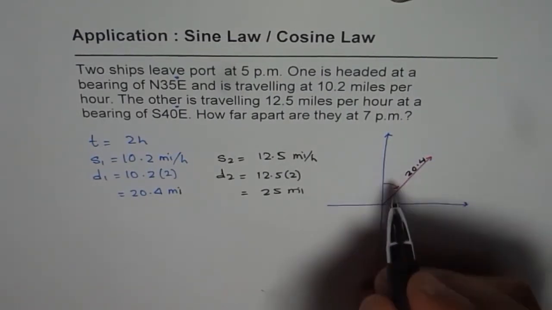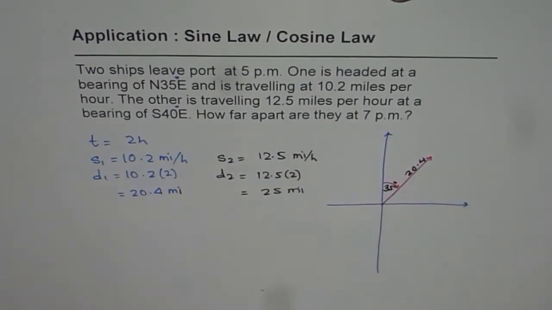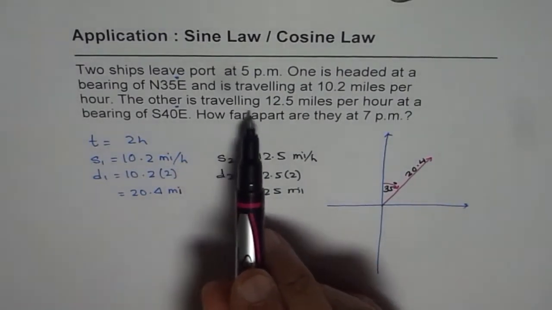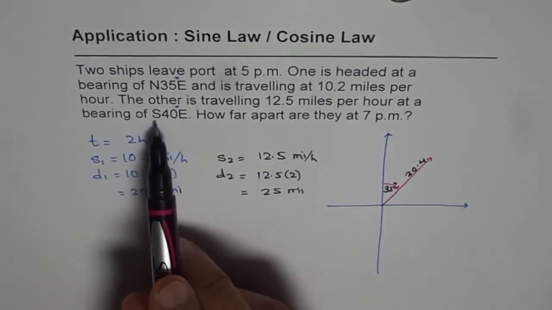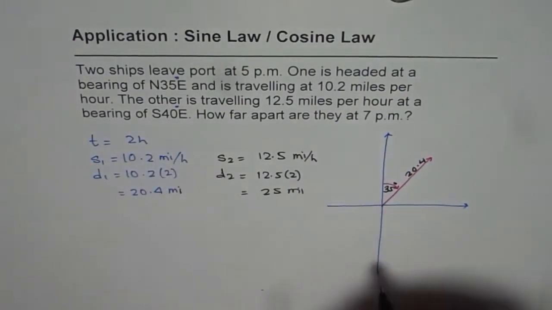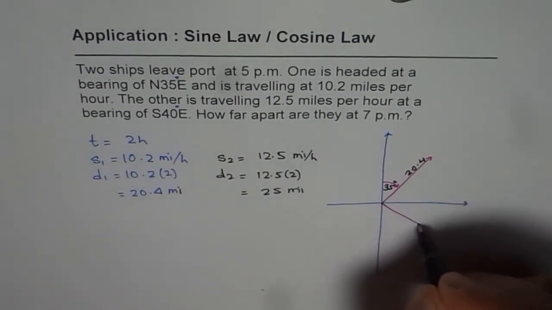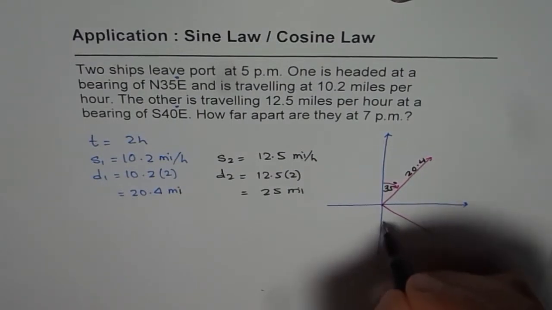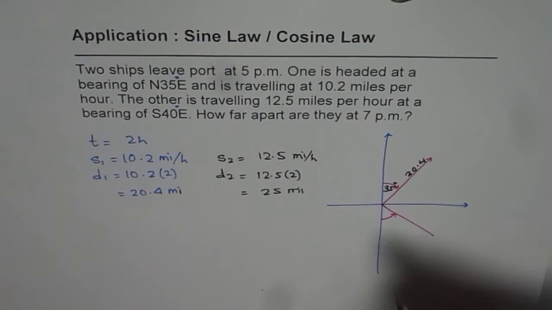The angle is given to us as 35 degrees, so let me write 35 degrees here. Now the second ship is traveling 12.5 miles per hour at a bearing of south 40 degrees east. So this is south, and from there 40 degrees towards east. So this angle for us is 40 degrees.